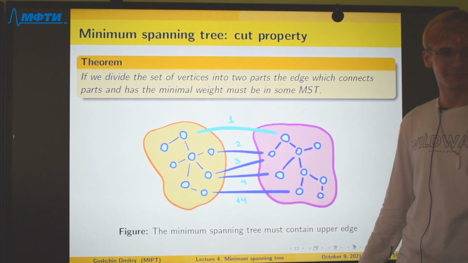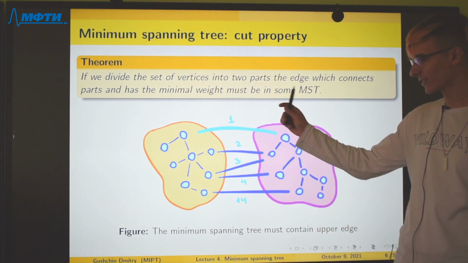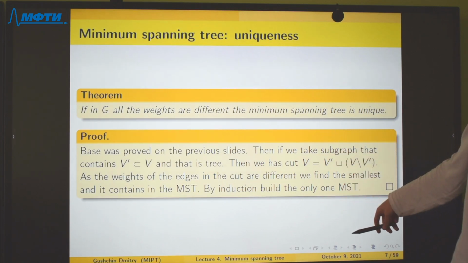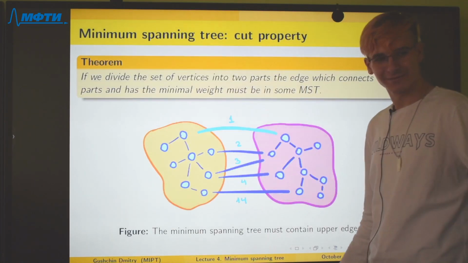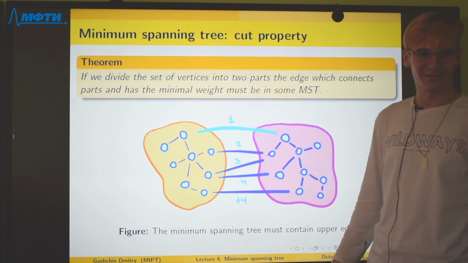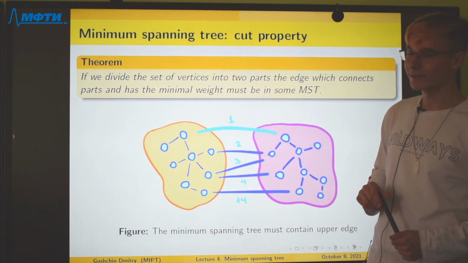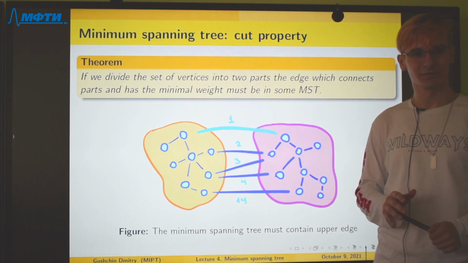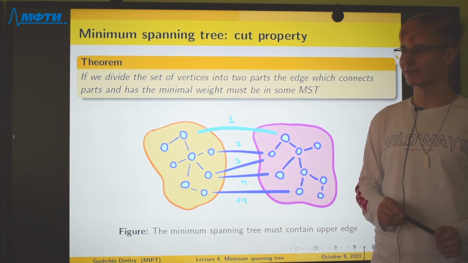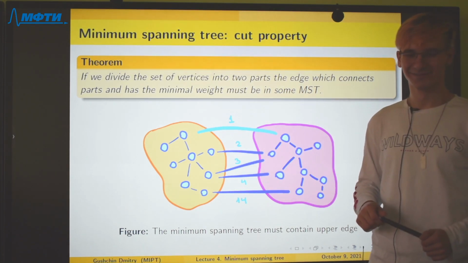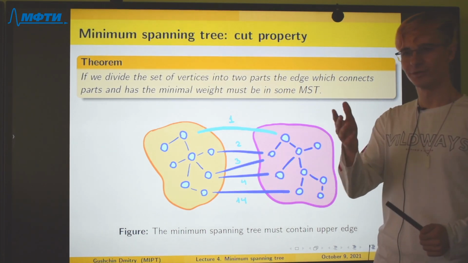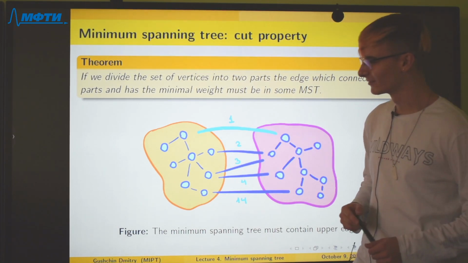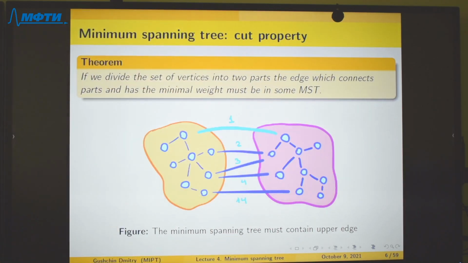On this slide we have a proof, but I can swipe and ask you, can you prove the theorem that a minimal spanning tree is unique if all the weights are different? If you say that it is simple, can you prove it without text on the slide? It is simple, of course.